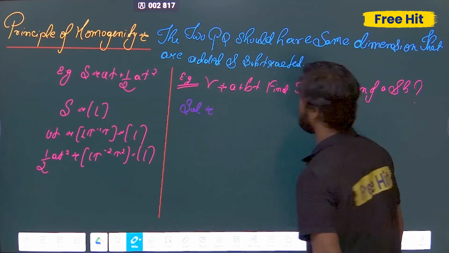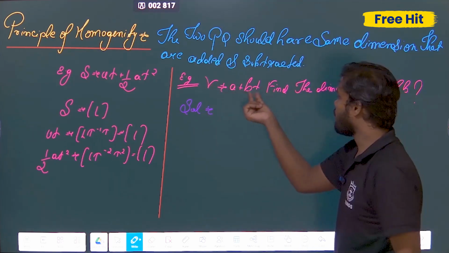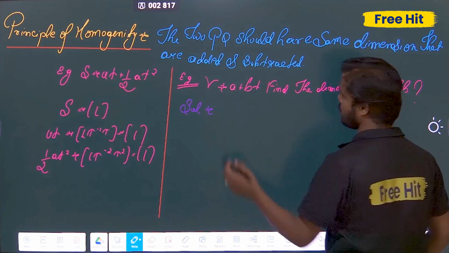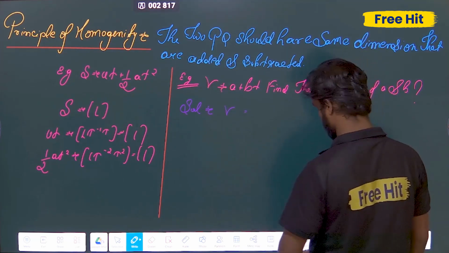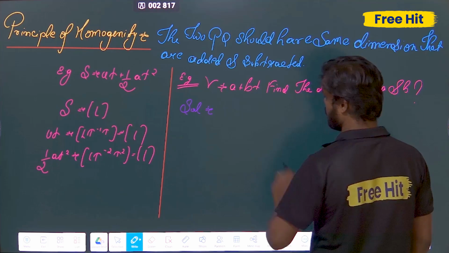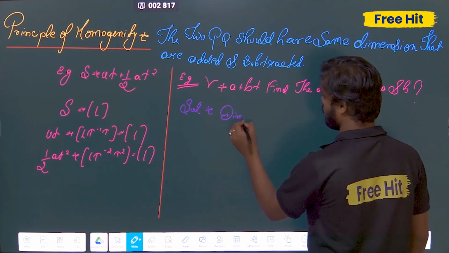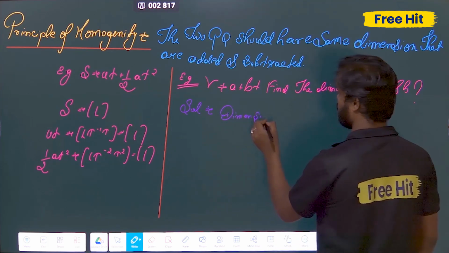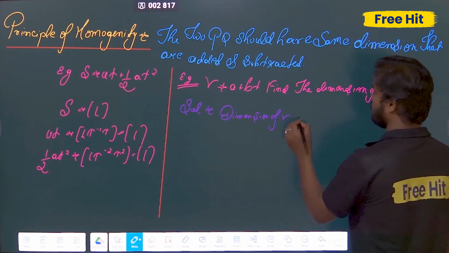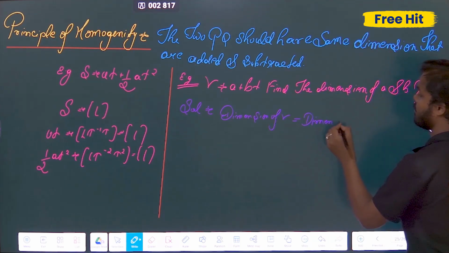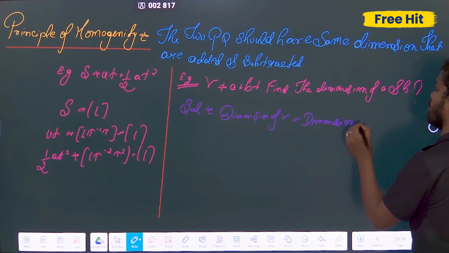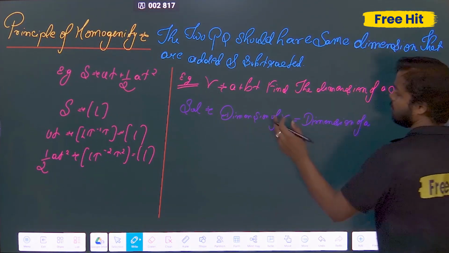Solution. See, we know that whatever quantities are added and subtracted should have the same dimension. So can I say the dimension of V should be equal to the dimension of A. What is the dimension of V?